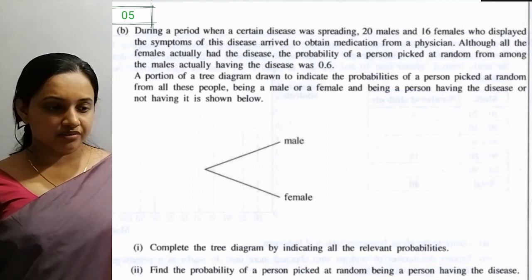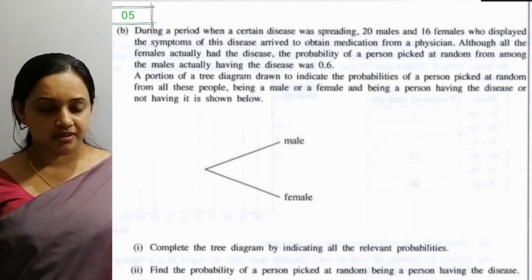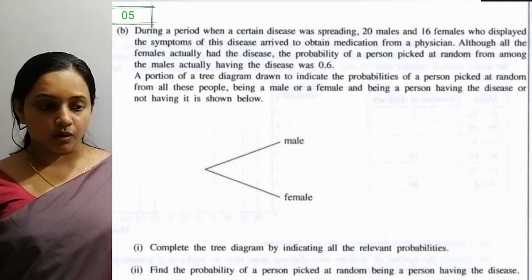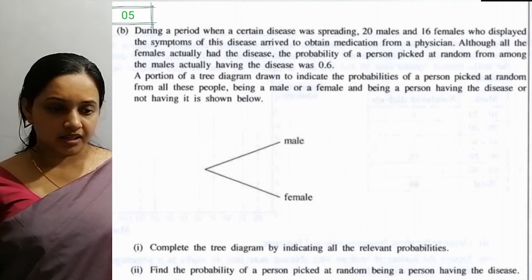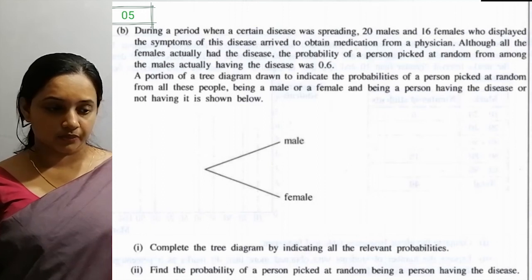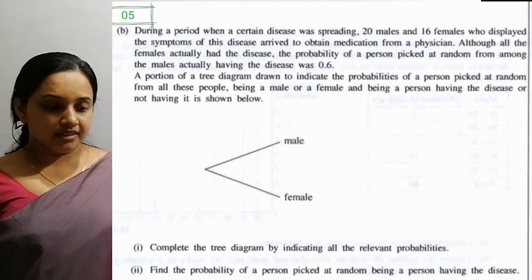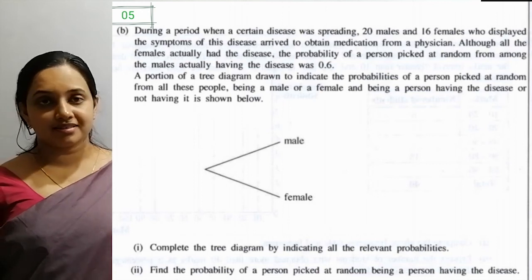A portion of a tree diagram drawn to indicate the probability of a person picked at random from all these people being a male or a female and being a person having the disease or not having is shown below. Complete the tree diagram by indicating all the relevant probabilities.